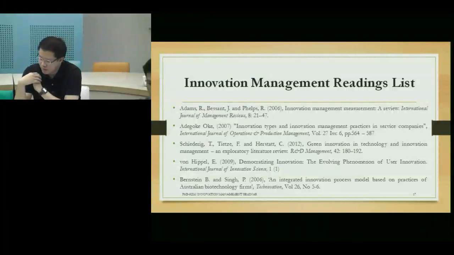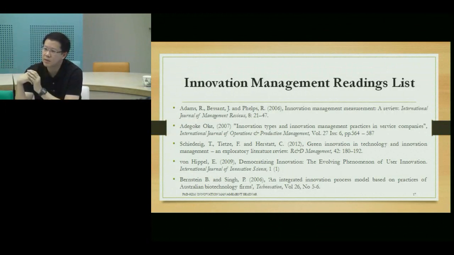The third one, democratizing innovation, the evolving phenomenon of user generation. This one, I think their focus is more on the economic or business purpose. They talked about the samples of innovation developed by manufacturer and user.